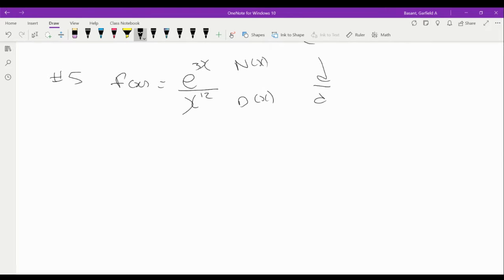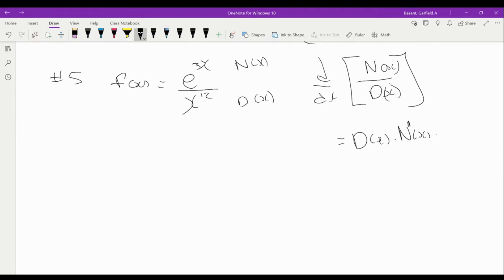And if you guys recall, for a numerator over the denominator, the derivative of that is the denominator times the numerator derivative minus derivative of the denominator times the numerator, all over the denominator squared. So same old rules, all we're doing is just putting an exponential function in it.